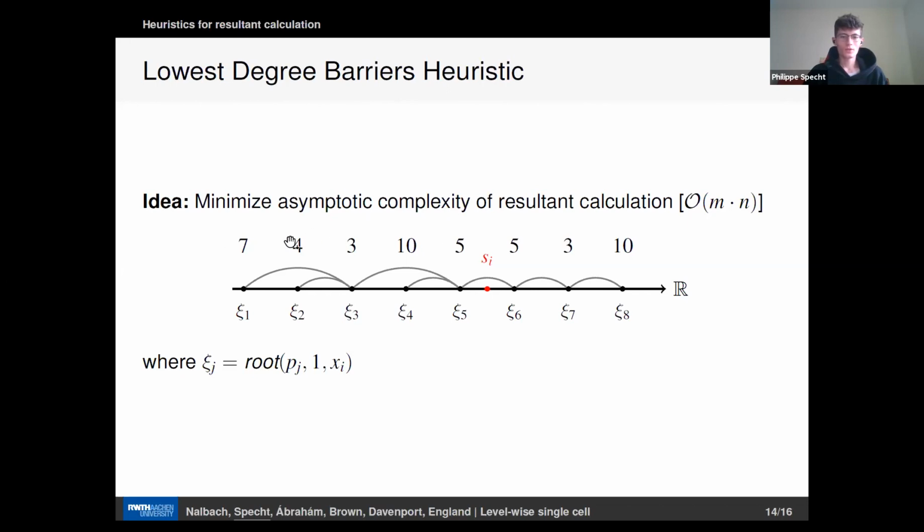But then we look, for example, below this lower bound for the lowest degree, which in this case is this degree right here. And then instead of considering this as our barrier, as seen previously, we consider this as our first barrier and take these resultants right here.